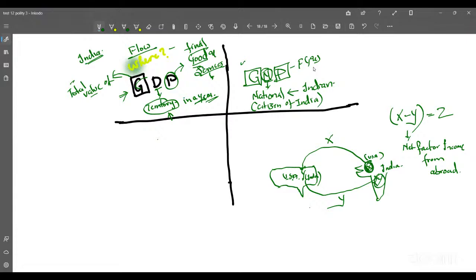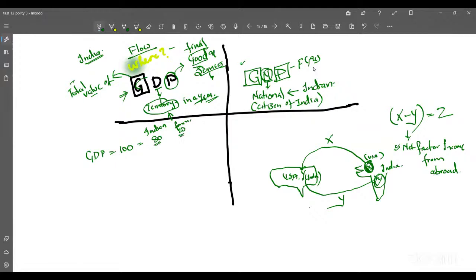And if I subtract this net factor income from abroad from GDP, which means out of GDP, if let's say GDP of India is 100 rupees, in which 80 rupees is produced by Indian, 20 rupees is by foreigner. Example, I'm just giving you an example.